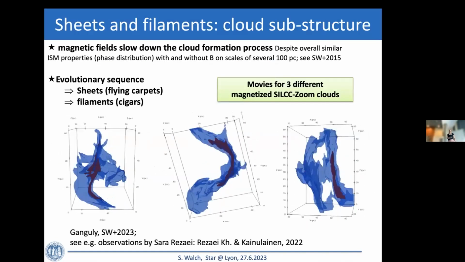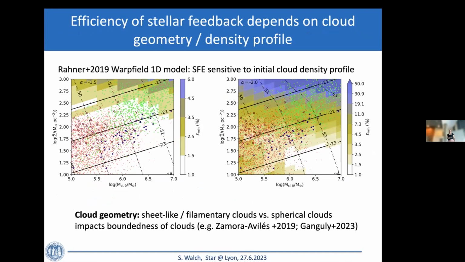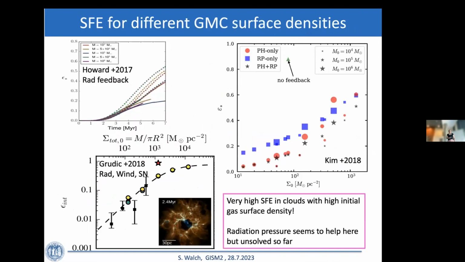However, if you go to very dense clouds, here's the star formation efficiency as a function of cloud surface density. So the denser you go, the higher star formation efficiency you get. And this is work by Kim, but then there's also Grudich and Howard and so on. They all find the same thing. So denser clouds, more star formation efficiency.